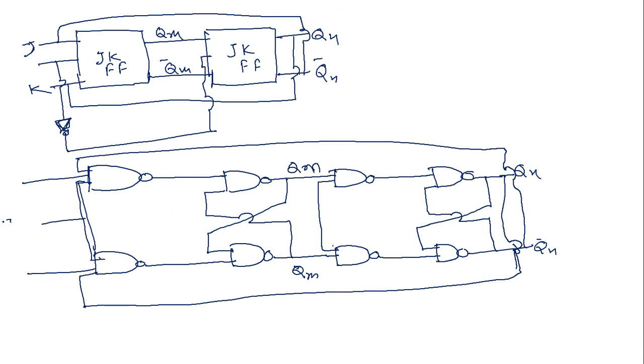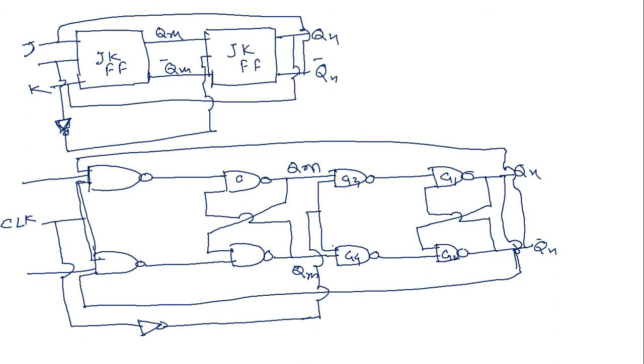Now we have completed the circuit, and this clock is connected to the second flip flop by using one NOT gate. So now this circuit is completed. I am naming the NAND gates G1, G2, G3, G4, G5, G6, G7, G8.